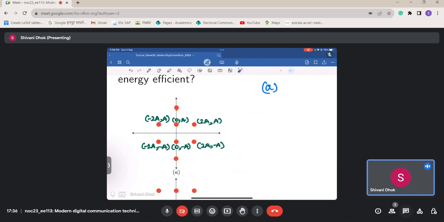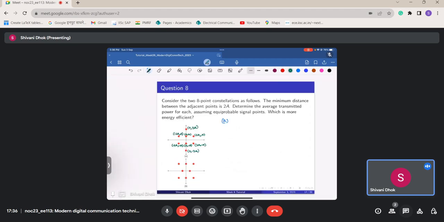This distance is 2a and this distance is a, so this is 0 along the horizontal axis, and along the vertical axis it is 3a. So this coordinate is 0 comma 3a. And this coordinate will be 0 comma minus 3a.